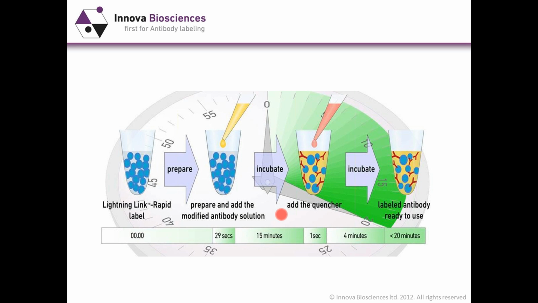In this particular case, we're looking at a rapid labeling kit, and you incubate this for literally 15 minutes. You then add a quencher or a stop reagent, incubate for a further 4 minutes, and your labeled antibody is ready to use. That's a total preparation time of less than 20 minutes.